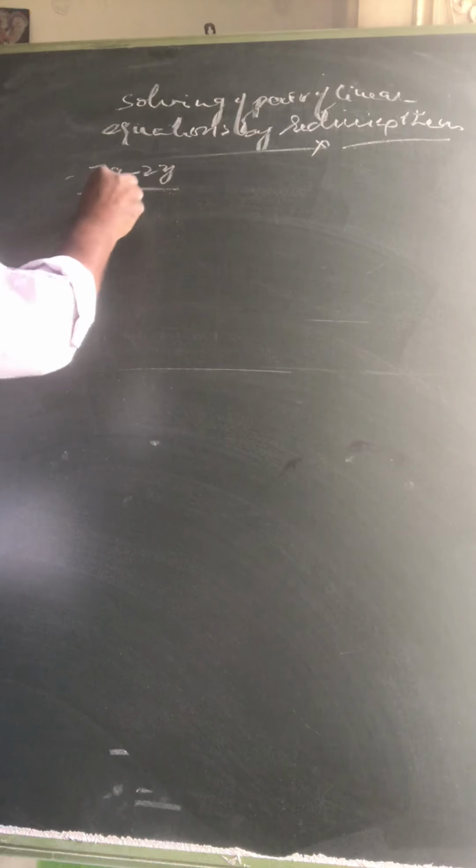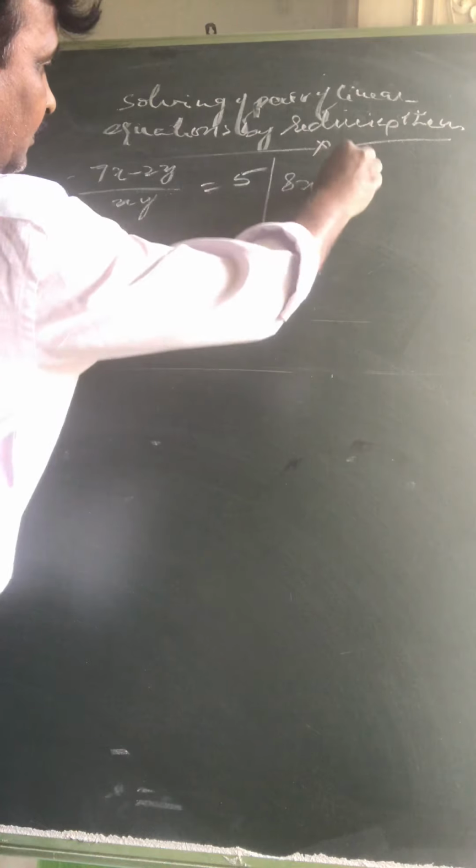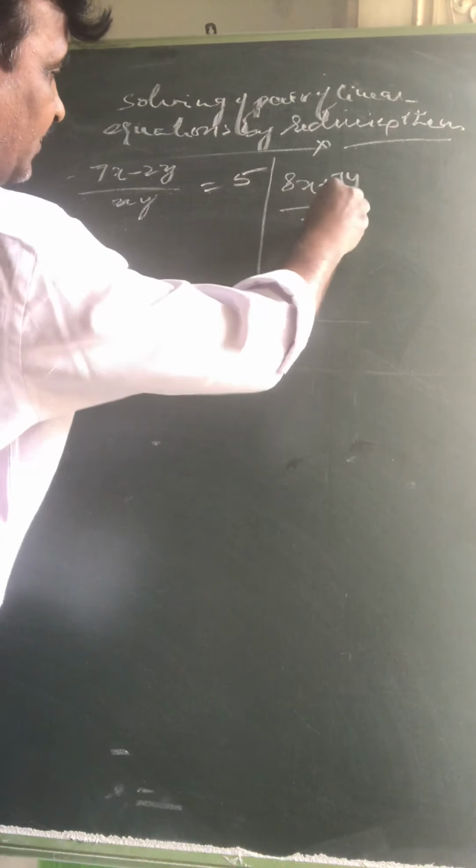Now, for example, (7x minus 2y) by xy is equal to 5. Another equation, (8x plus 7y) by xy is equal to 15.